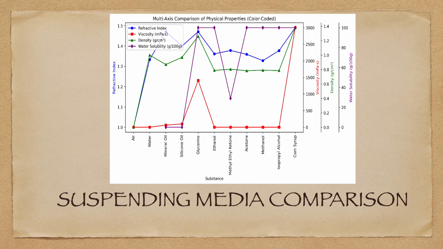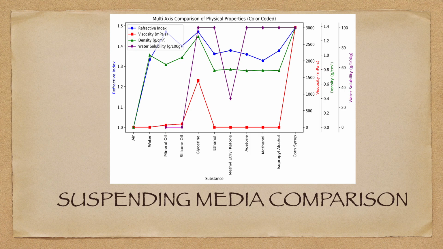The red dots indicate the viscosity. So as you can see, the viscosities are all very similar, excepting glycerin, which has a much higher viscosity number or thickness.